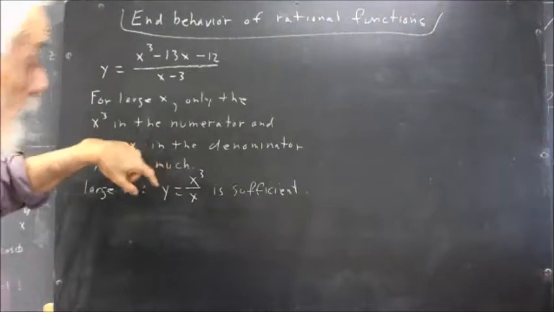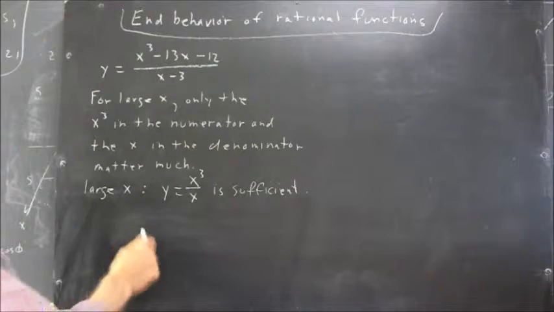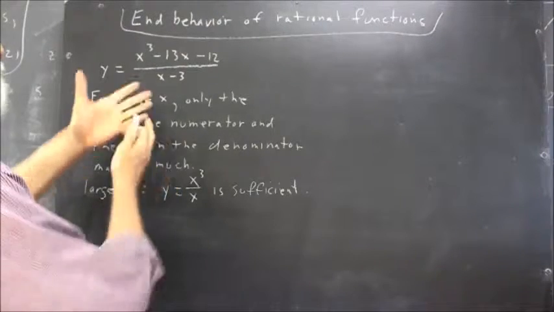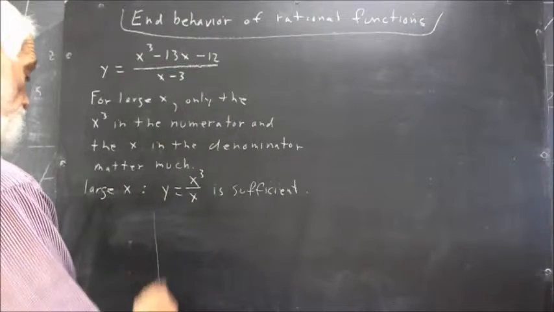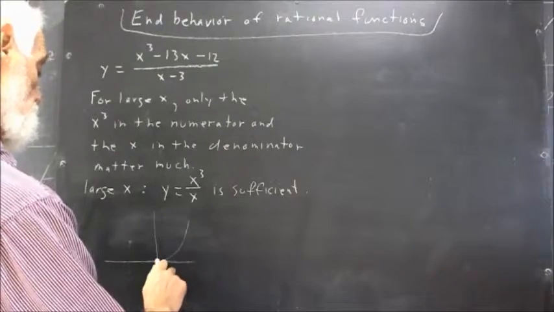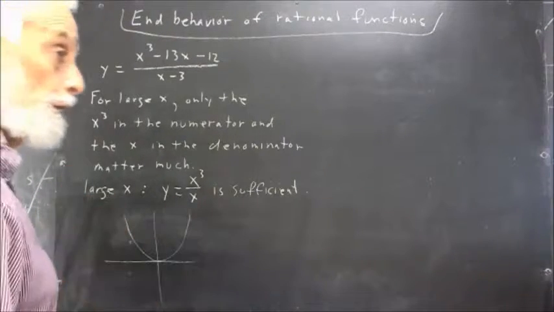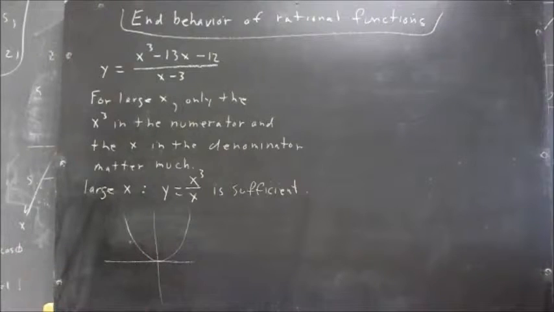Of course, x cubed over x is x squared, which means that at some point this function is going to start acting like just plain old y equals x squared. So at some point this behavior is going to take over, and whatever happens in between becomes insignificant.